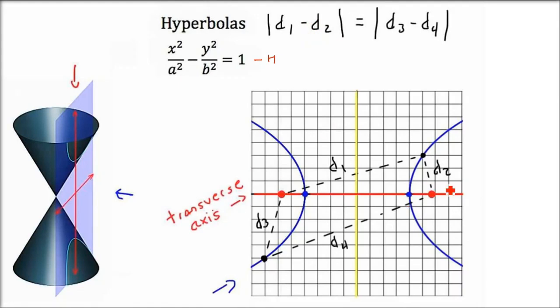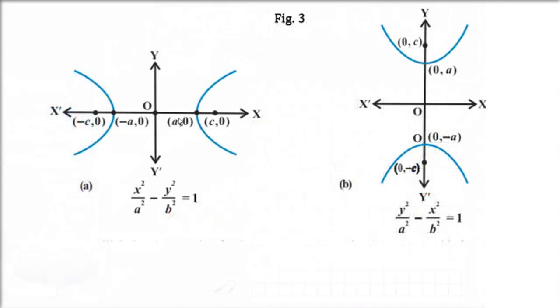And I told you the definition of a hyperbola: you take any point on the hyperbola, its distance from two fixed points, that is focus 1 and focus 2, the difference of the distances, for any point you take, will always be constant. This is one of the definitions we discussed earlier about the hyperbola.